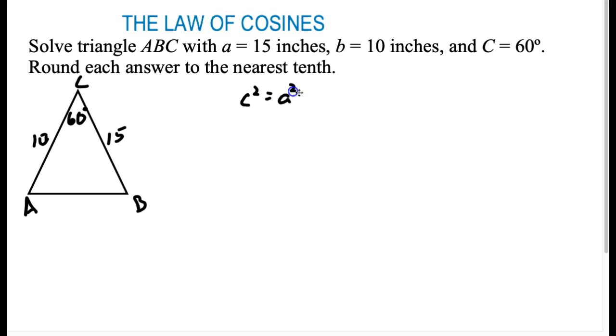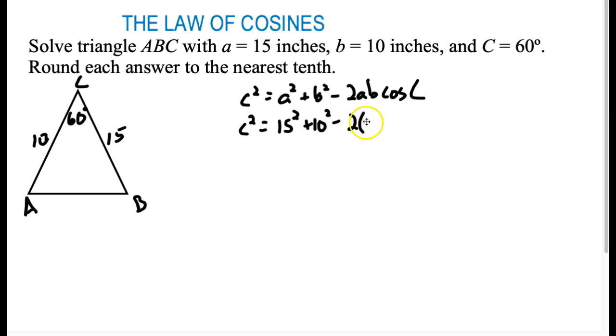C squared is a squared plus b squared minus 2ab times the cosine of angle C. So now let's plug in what we know. So c squared is going to be 15 squared plus 10 squared minus 2 times 15 times 10 times the cosine of 60.